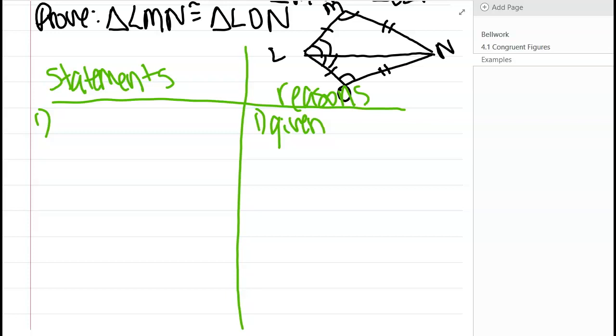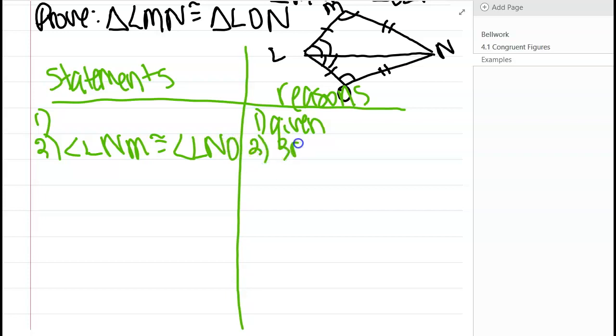Yeah, the third angles theorem says that if two angles in one triangle are congruent to two angles in another triangle, the third angle is congruent. So we can say, my second reason is going to be, we know that angle LNM is congruent to angle LNO because of the third angle theorem.